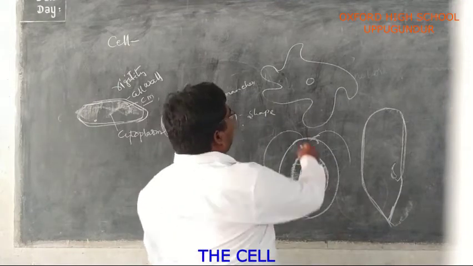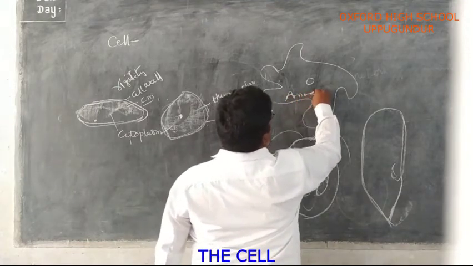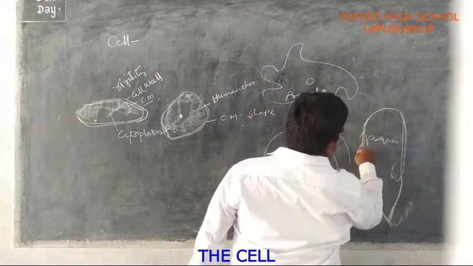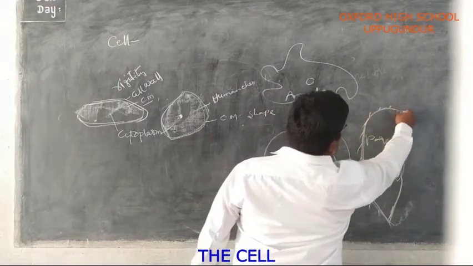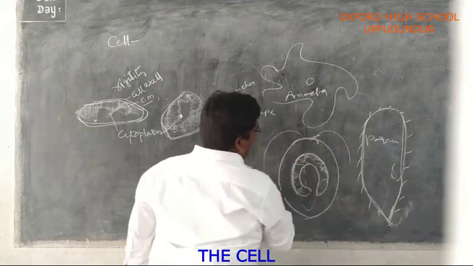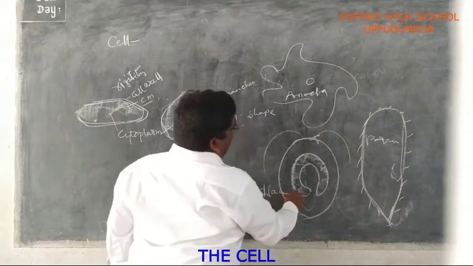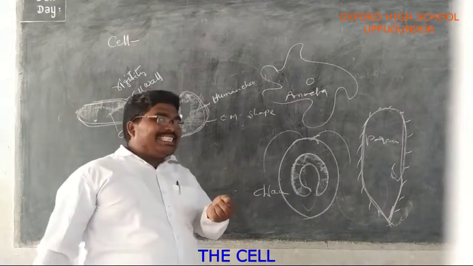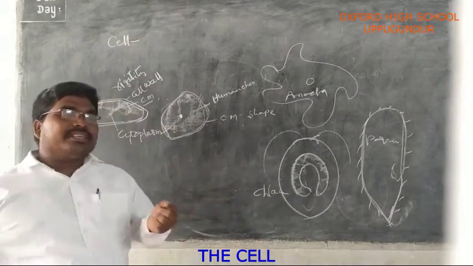This one is amoeba, paramecium, and this one is Chlamydomonas. These are unicellular organisms. That means the organisms are made up of a single cell.